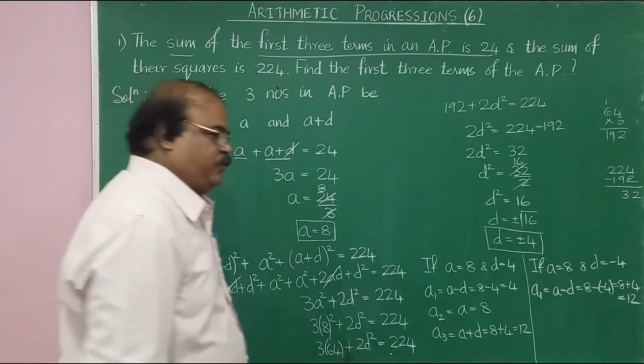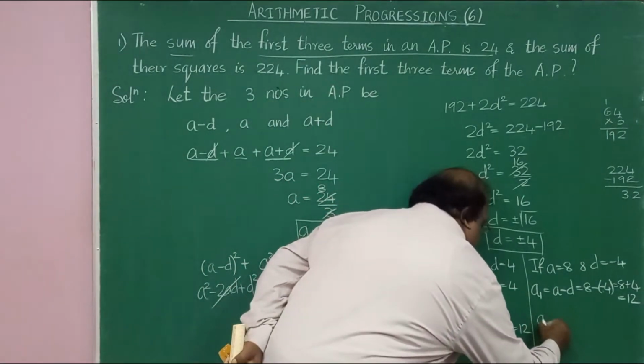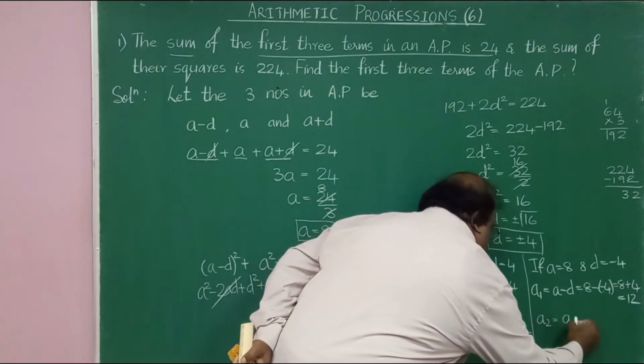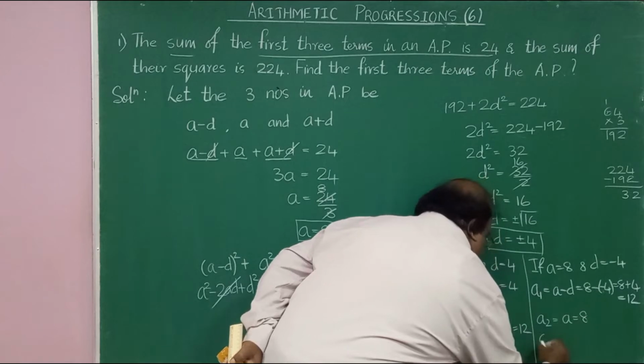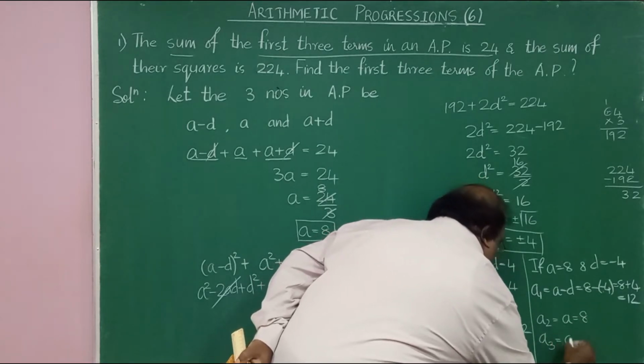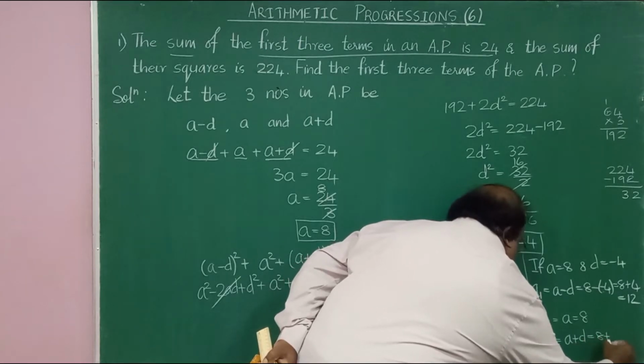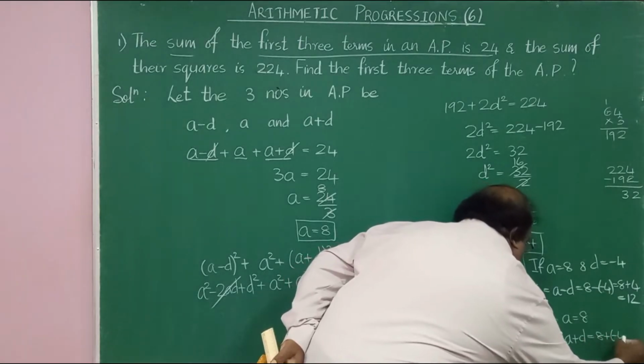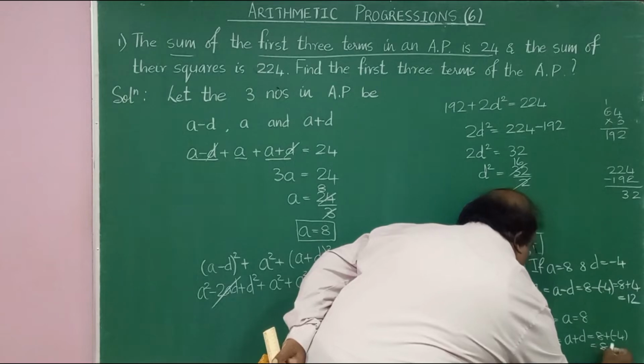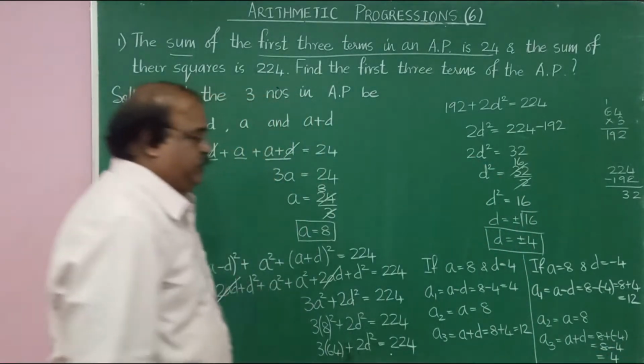Your first term is 12. Your second term is 8 and your third term is A plus D, that is 8 plus of minus 4, that is 8 minus 4, which is 4.